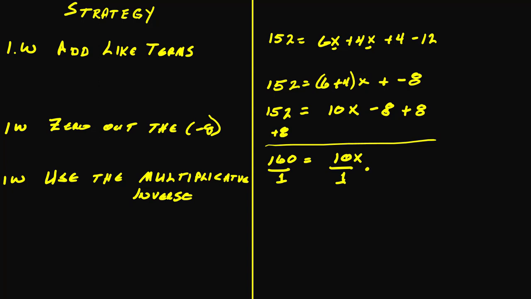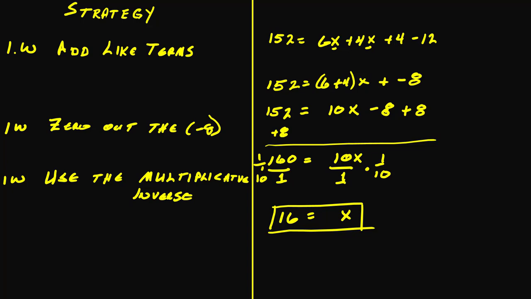I'm going to multiply by the reciprocal of 10 over 1. I'll multiply this side by 1 over 10. This leaves me with x. And then 160 divided by 10 is 16. That's an intermediate value. Remember, the question asked to solve for the length of each side.